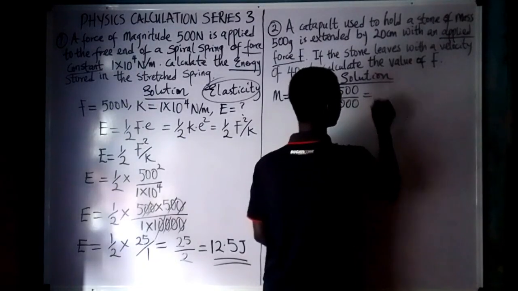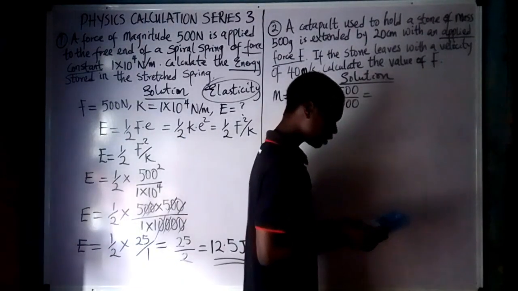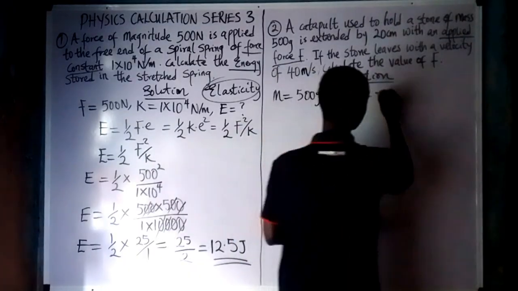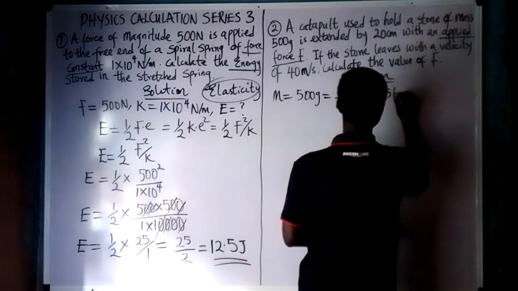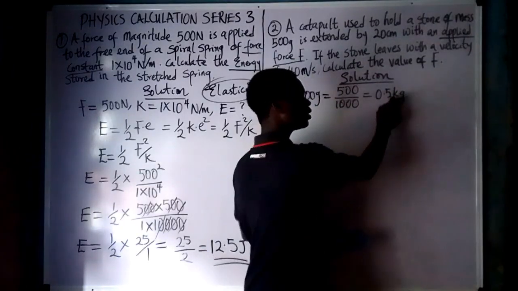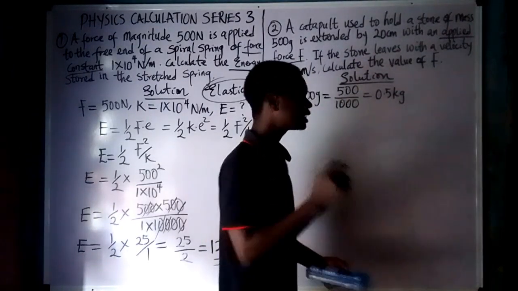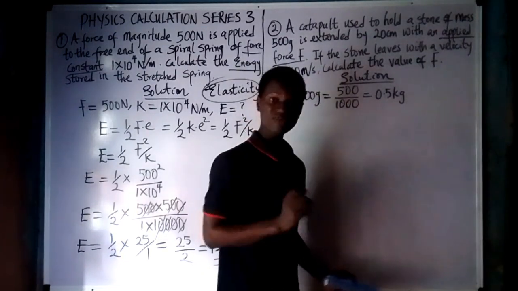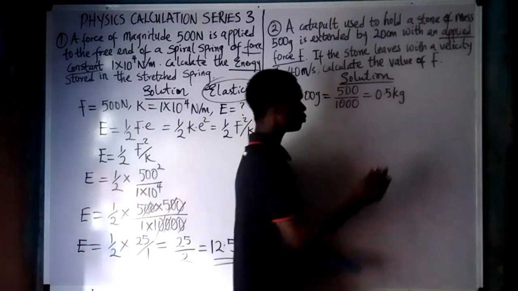Let's see what that will give me. 500 divided by 1000. That gives me in decimal, 0.5 kg. Mind you, once I've done my conversion, I will now leave it in what? Kg. And kg is the SI unit for mass. So now I've done this, guys, I am free to progress.